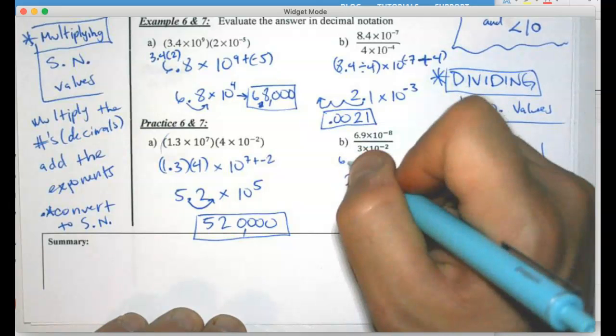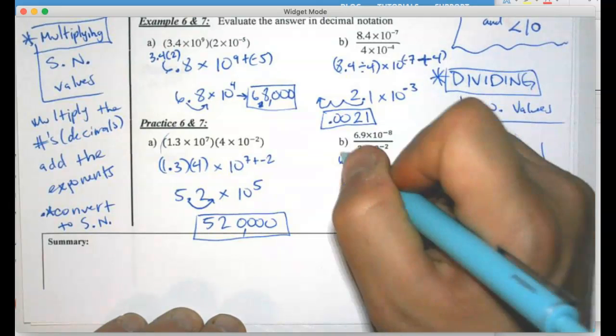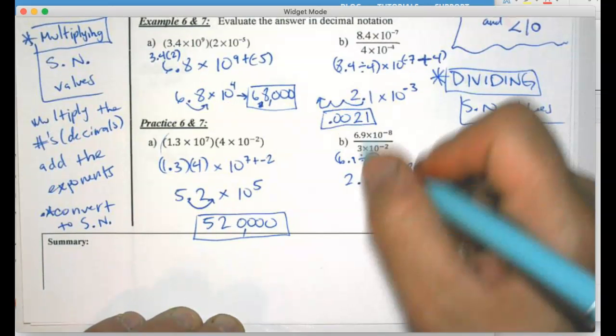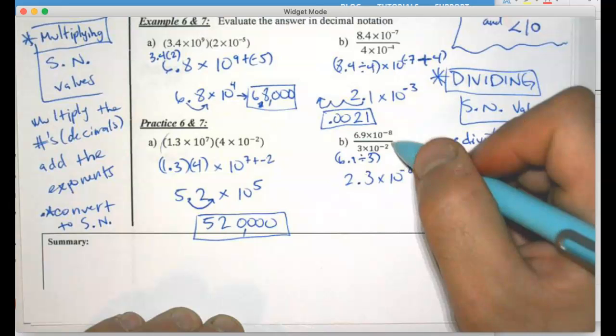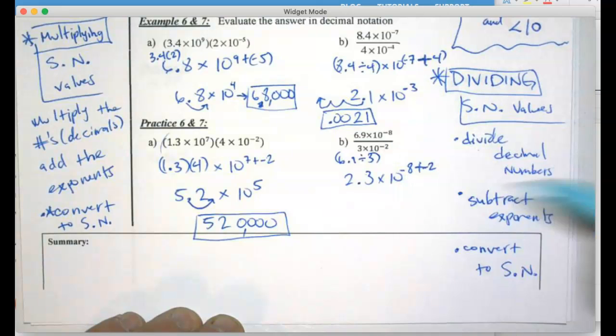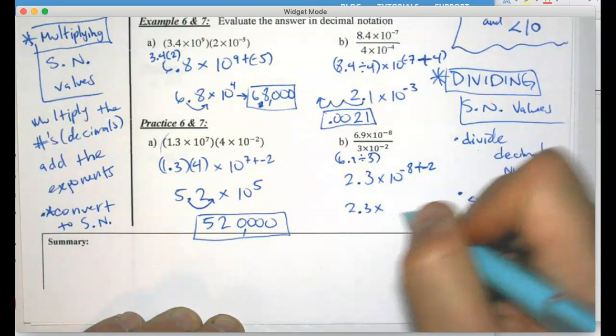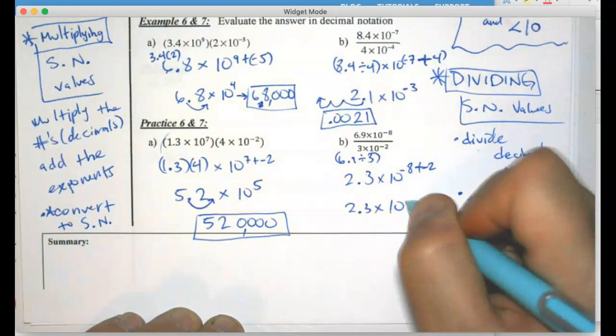Again, the 6.9 divided by 3, I just forgot to show that, but that's where the 2.3 came from. So you divide the decimal numbers, and you subtract the exponents if you're dividing numbers in scientific notation. So 2.3 times 10 to the negative 8 plus 2 is negative 6.